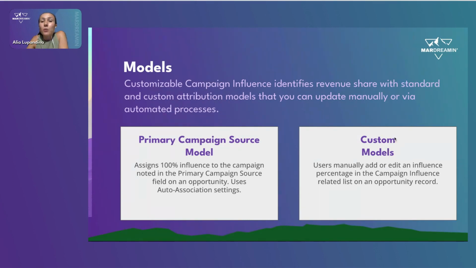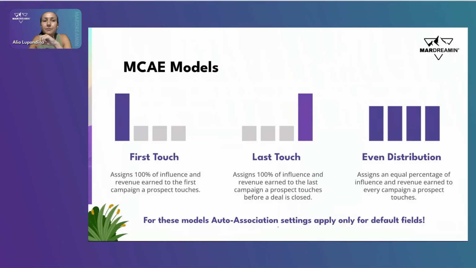And then we also have custom models, where users manually add or edit their influence percentage in the campaign influence related list. Those models, as I already mentioned, work with auto association settings.